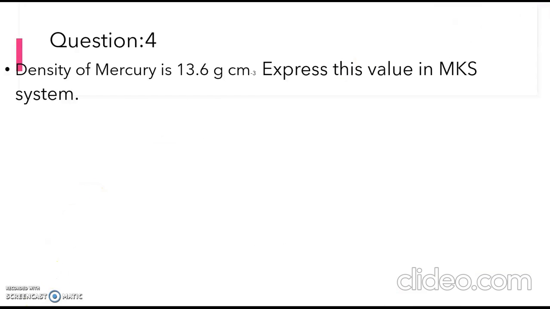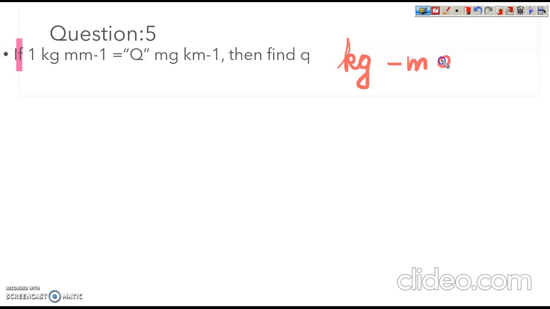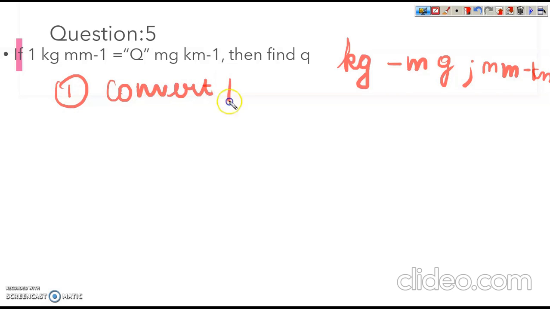Now the next question is, if 1 kilogram millimeter to the power minus 1 is Q milligram kilometer to the power minus 1, then you should find Q. To get Q, we should convert kg to mg and mm to km. So first we will convert kg to mg.